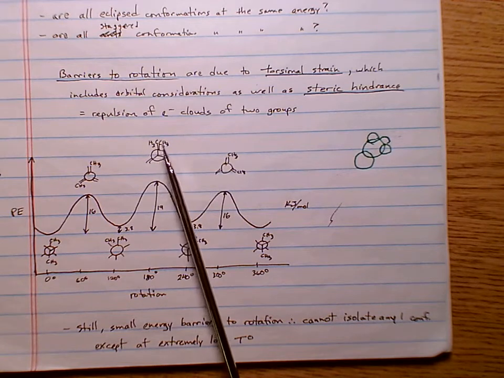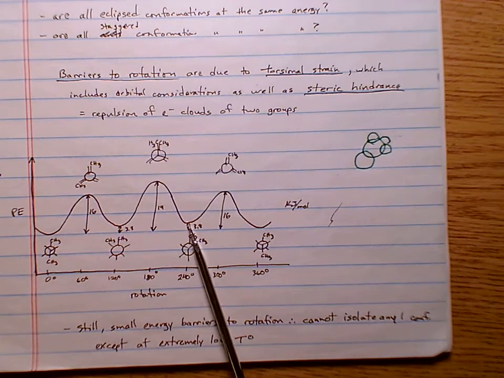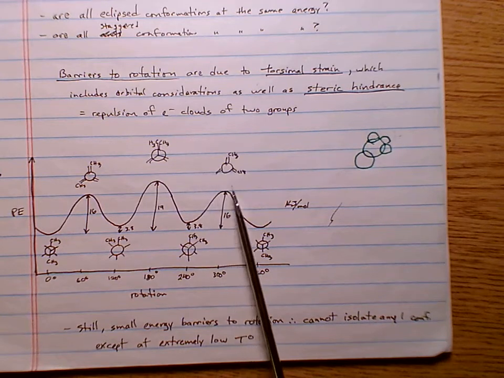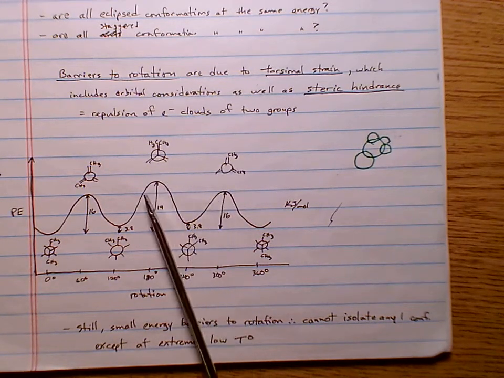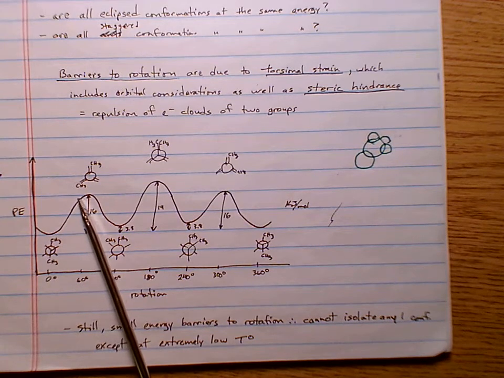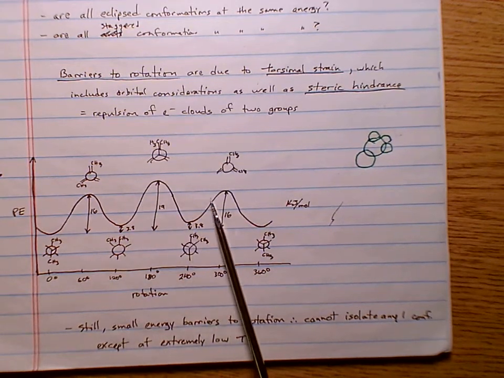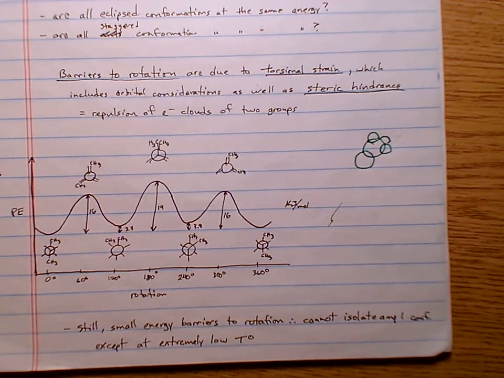The fully eclipsed, with both methyls eclipsing each other, is our highest energy on this curve. And then we go back down to gauche, which is just a little higher than anti, back up to this eclipse here, which is not as high as the methyls eclipsing each other due to no steric hindrance here, and then back down to the anti. And so this curve looks like this, and if you kept going, we'd repeat that pattern.